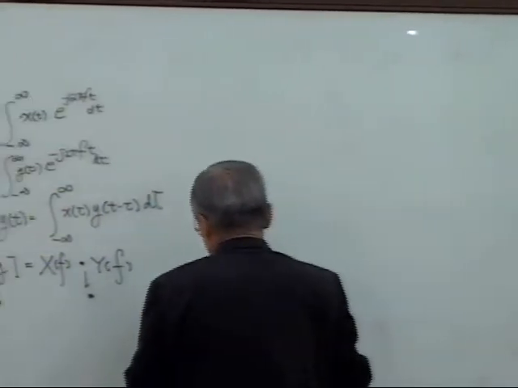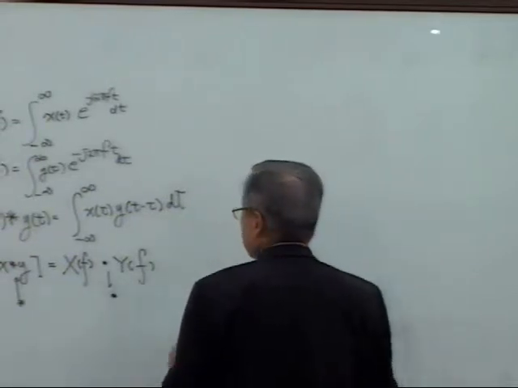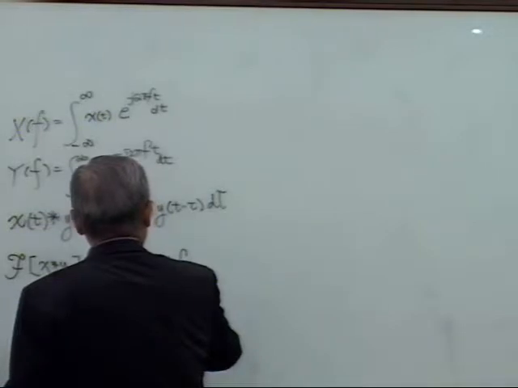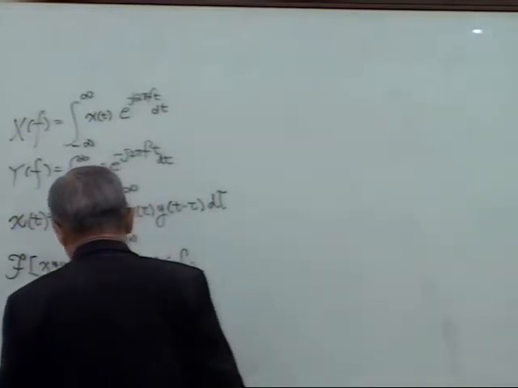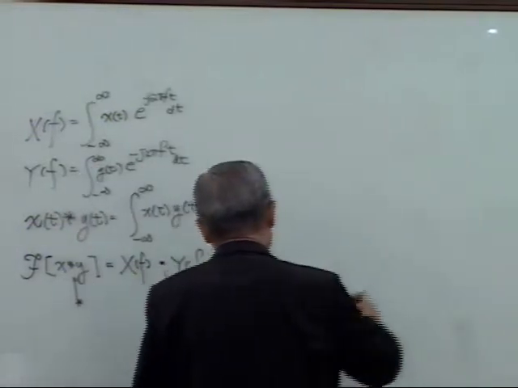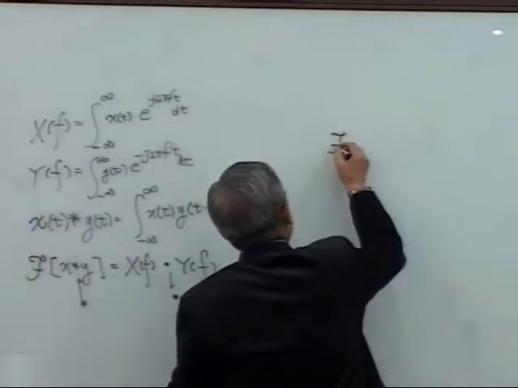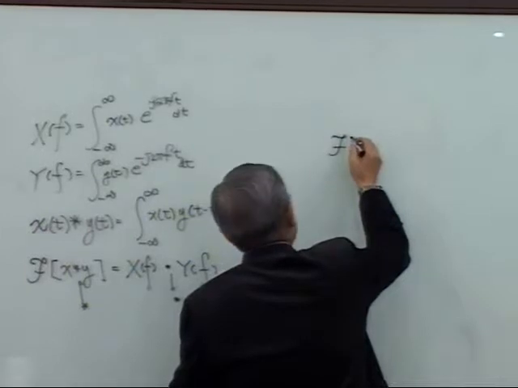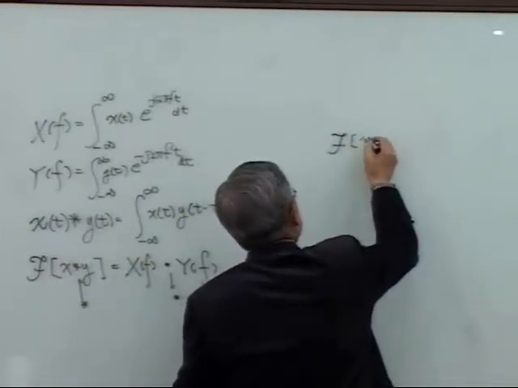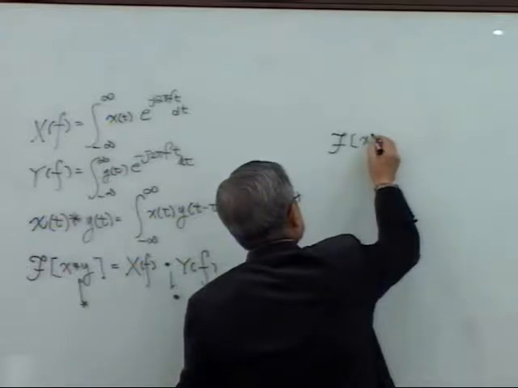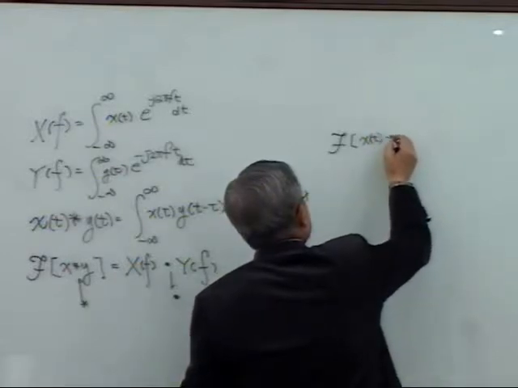So, of course, if you take the inverse Fourier transform, then you can get the multiplication part. Before I write this, I would write this. Fourier transform of x. This is a time domain function. This is t.